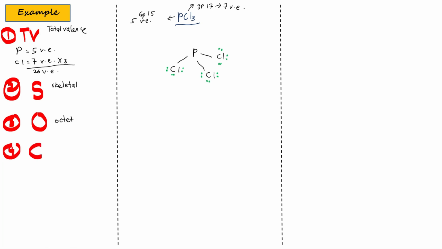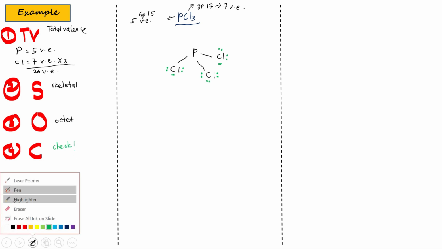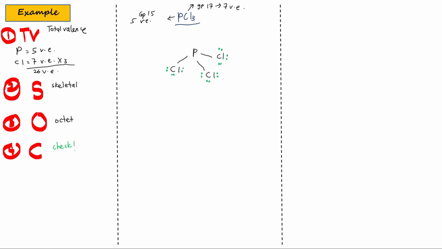C means you have to check. In order to check, we need to count the number of valence electrons we use. We have here 8 and 8 valence electrons, so altogether we have used 24 valence electrons. So we still have 2 valence electrons remaining. Where are we going to put these 2 remaining electrons?